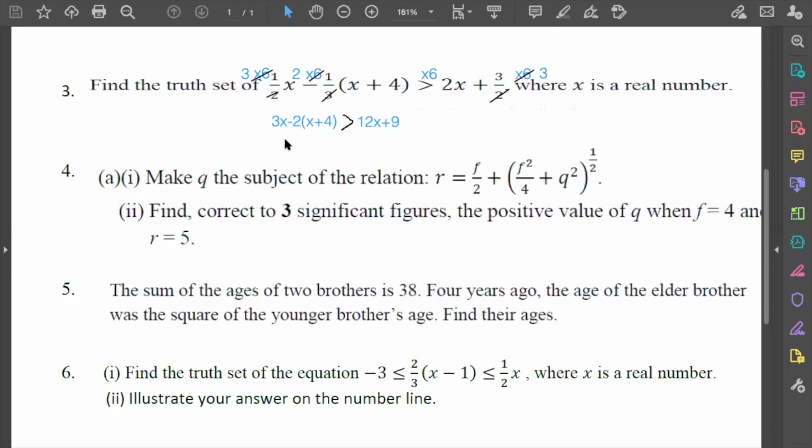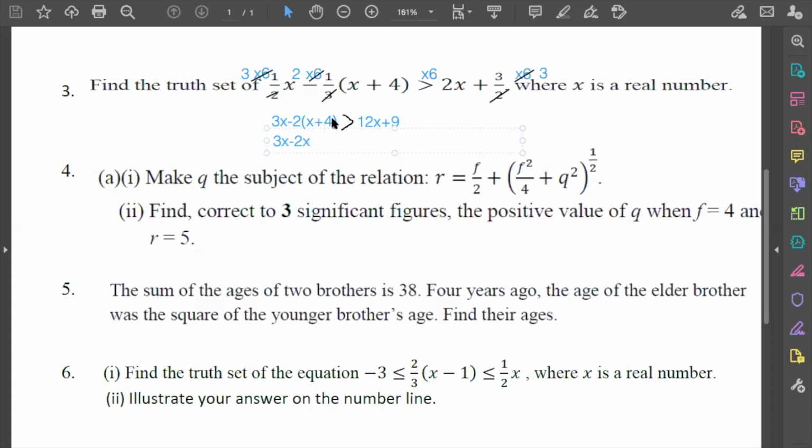So this is what I have. Now I have 3x. Good. And then I expand the bracket. So what do we have for negative 2 times x? Negative 2x. And then what do we have for negative 2 times positive 4?